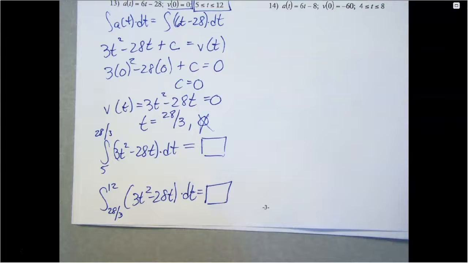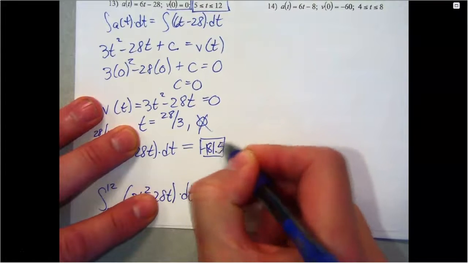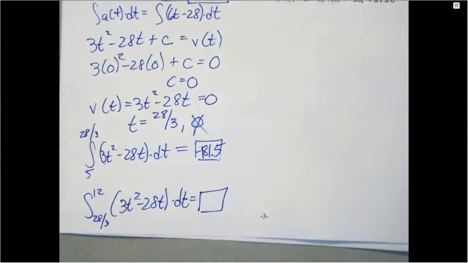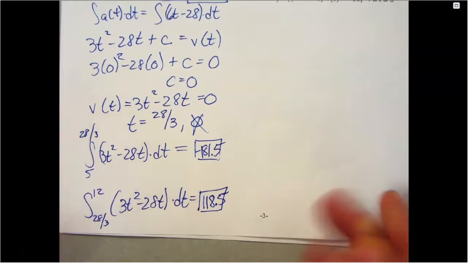I would probably put it at approximate. If I was exact, it's pretty messy. So I got like negative 181.5. And then for the next one, I got 118.5.